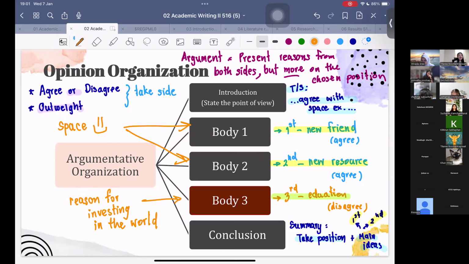So in the thesis statement, you need to say what your position is. Since I say that I think investing in space exploration is better, my thesis statement should show that I think space exploration is good. That's why I say that I agree with space exploration. That would be the thesis.